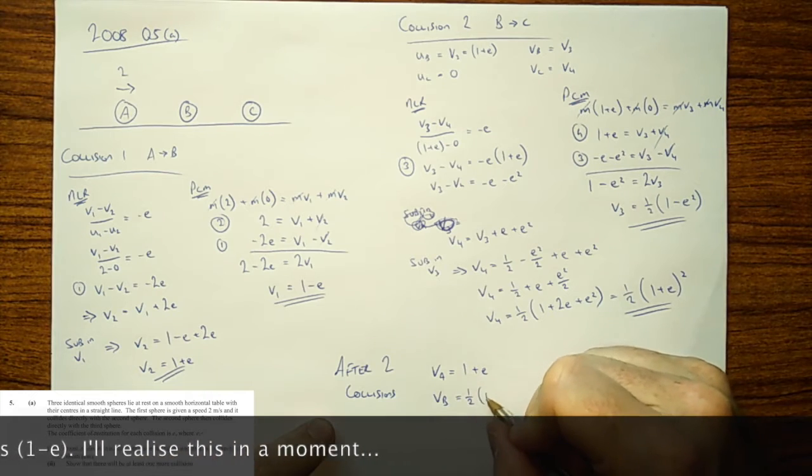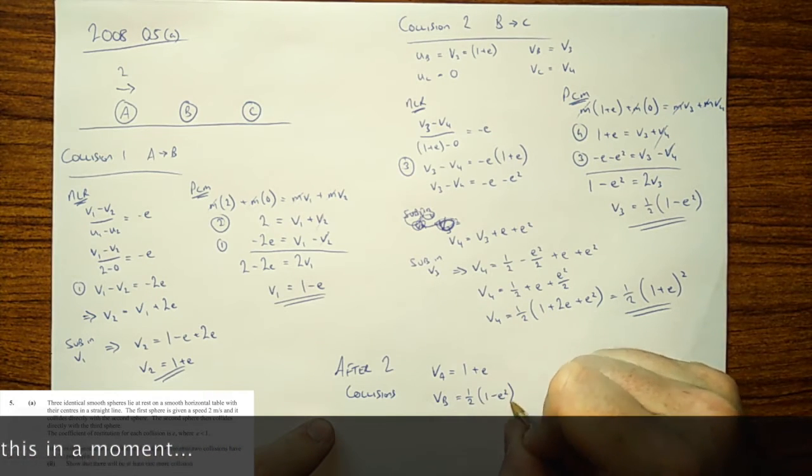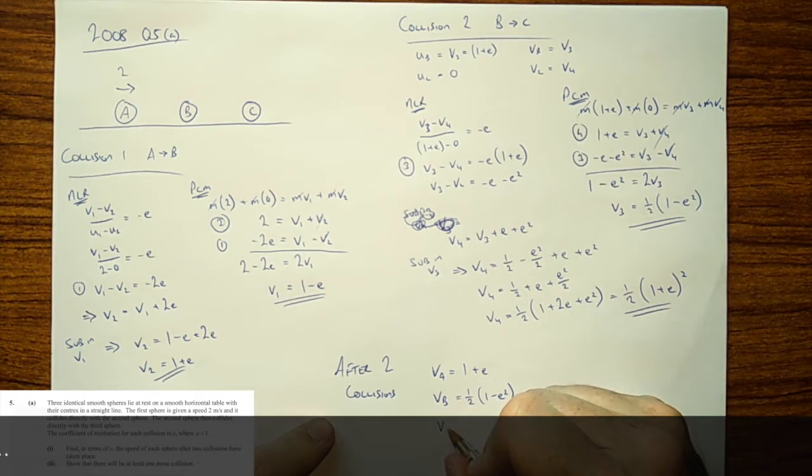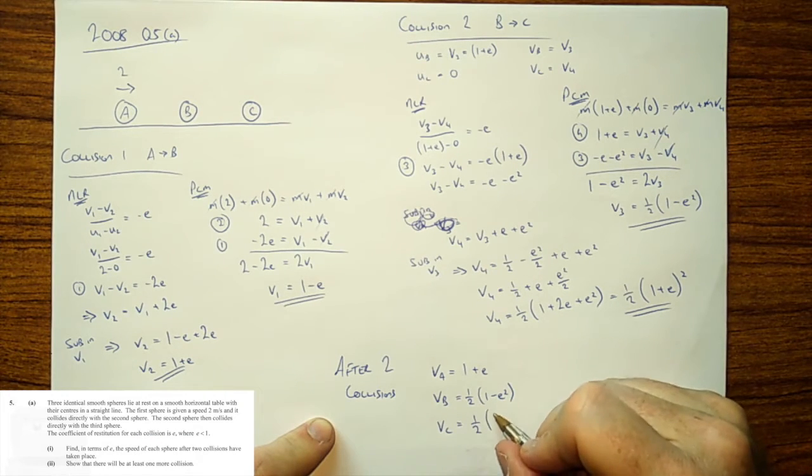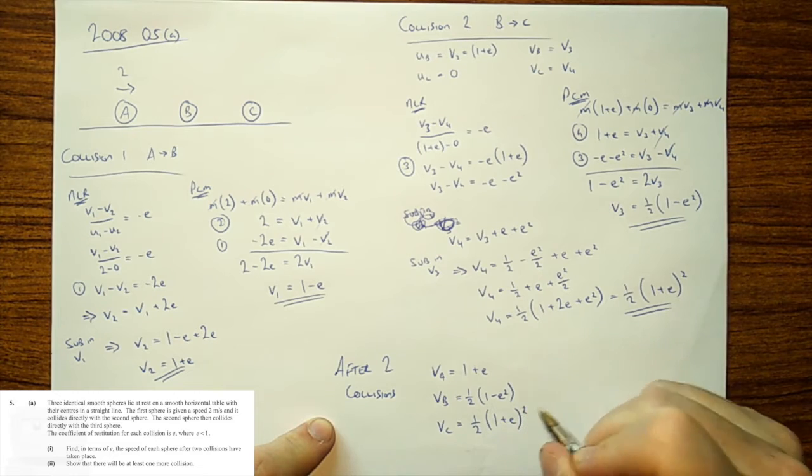It's a half 1 minus E squared, and VC is a half 1 plus E all to be squared.